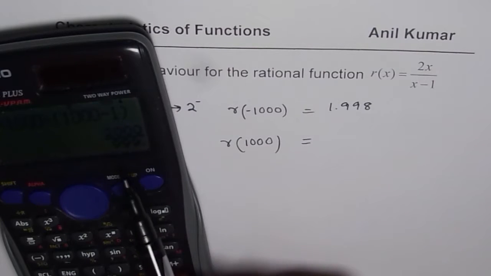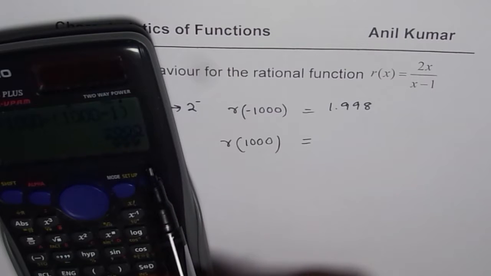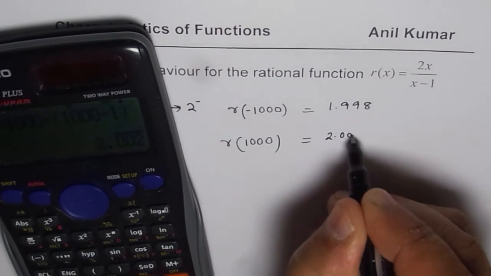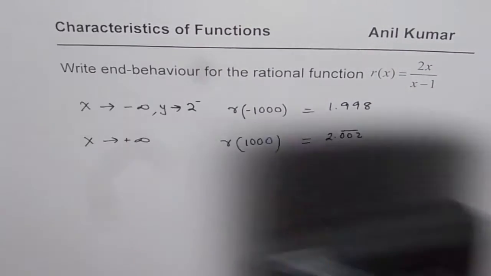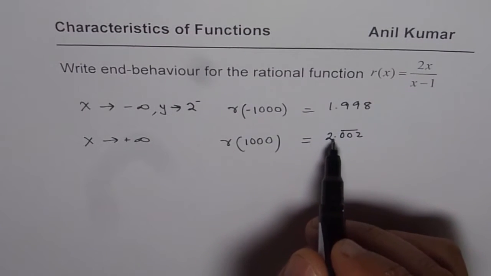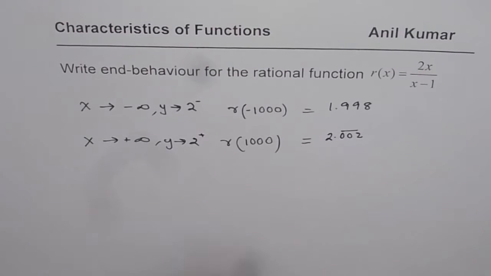That also gives you a value which is close to 2, but this is higher than 2. Do you see that? Let's see the decimal value, which is 2.002 recurring. So again it is very close to 2, but the important part here is it approaches 2 from the top side.